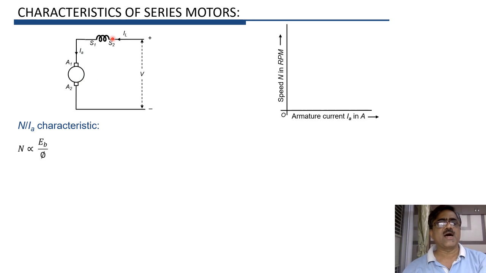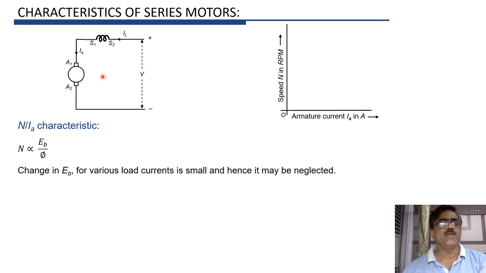Now Ra plus Rse is very small, and therefore the change in Eb is also very small, and in this motor it can be neglected. So if Eb is assumed constant, N is inversely proportional to phi.